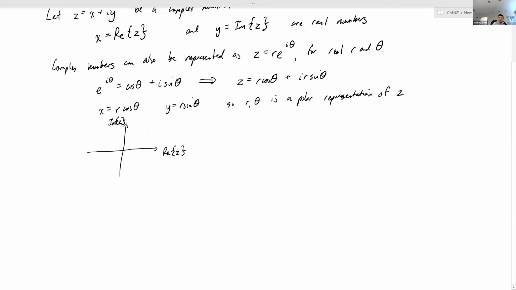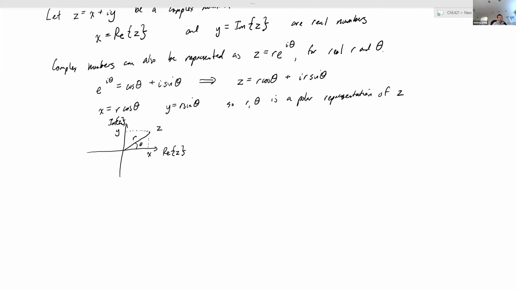If you have just some random complex number that we'll call z, then the real component of that is x right here, and the imaginary component is y right here. But given this polar representation, you can think about an r here and a theta here, right?